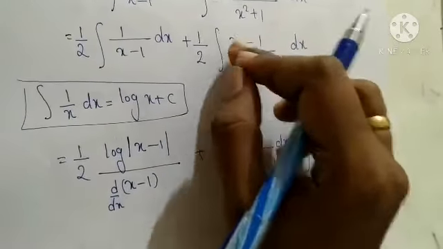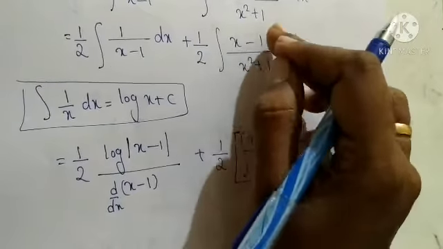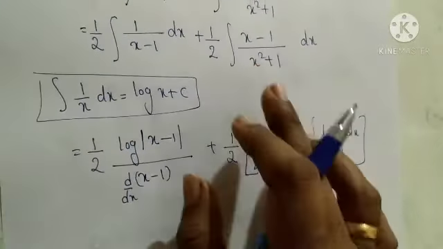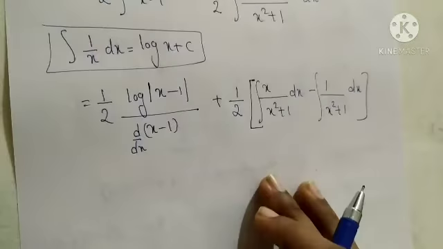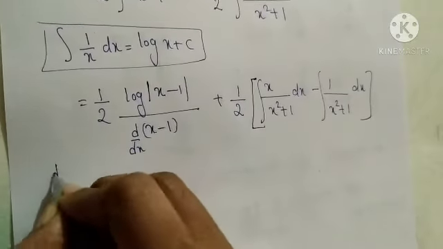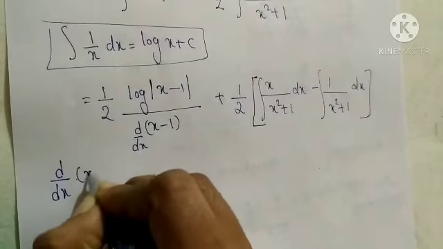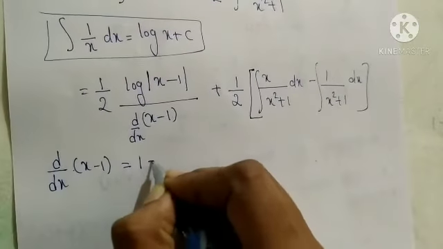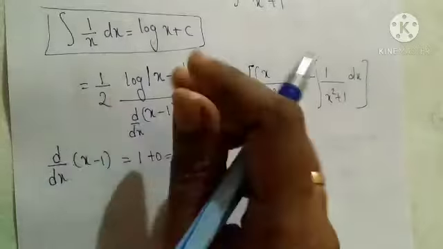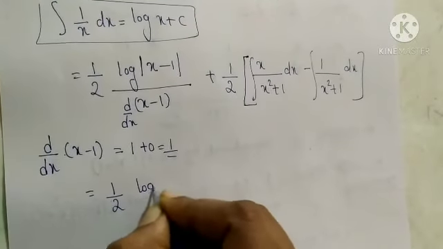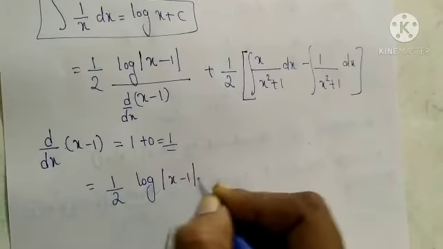So here we get x divided by x square plus 1 and minus 1 divided by x square plus 1, and write the integral and dx. Okay, so here d by dx of x minus 1 is: derivative of x is 1 and derivative of 1 is 0. So here we get the value of 1. So the first term will be 1 by 2 log mod x minus 1.